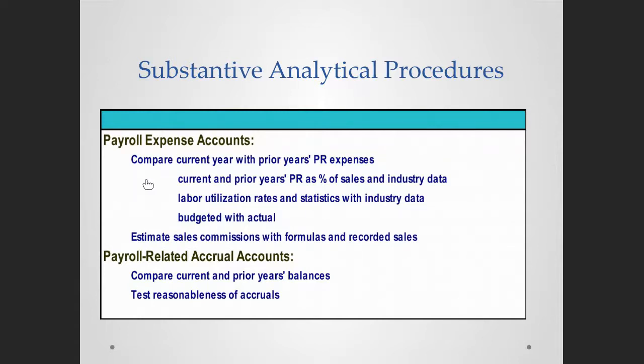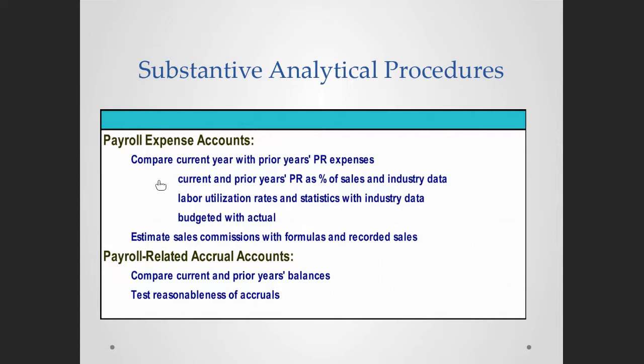Here we have two sets of accounts. The first set is the payroll expense accounts, like salaries expense, payroll tax expense, pension expense, and then we have the payroll related accrual accounts, which are salaries payable or accrued salaries, same thing, and then payroll taxes payable, pension payable.